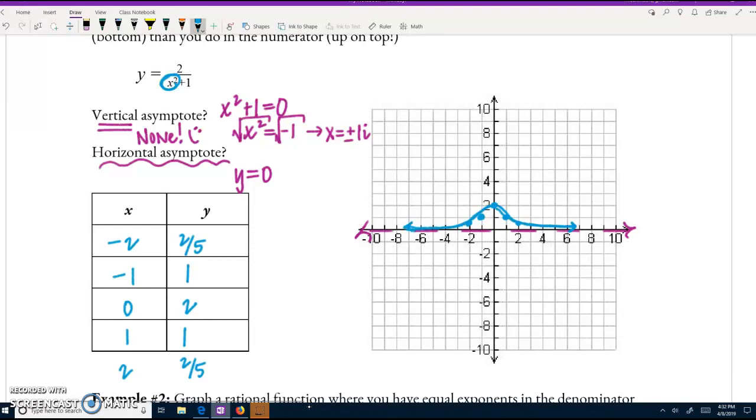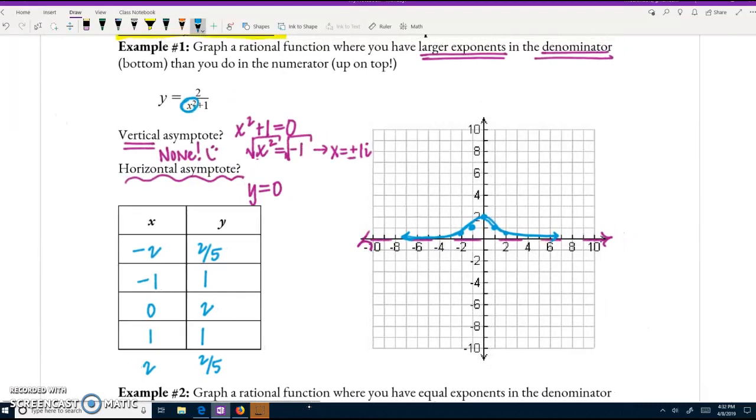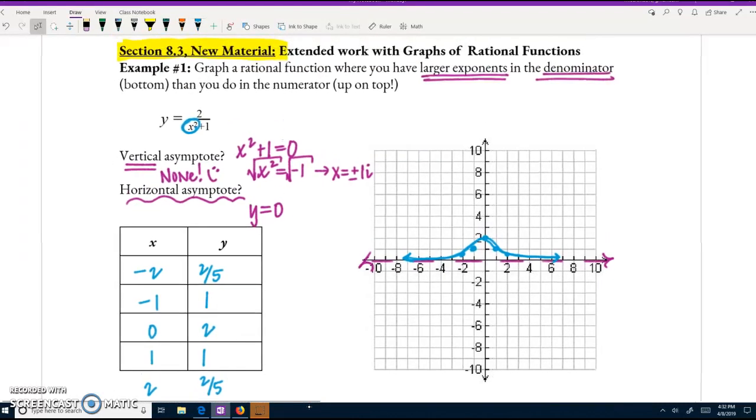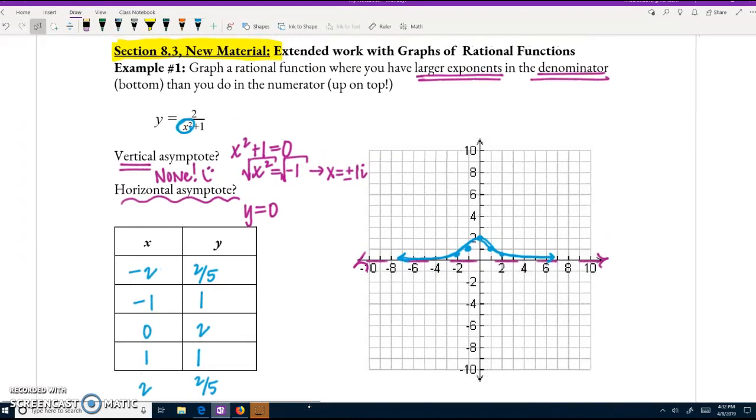And then it's going to continue on each side, just getting smaller and smaller, but never actually touching 0. So this is an example of where my exponents are larger down below in the denominator than they are up top in the numerator. So we can say exponents in the denominator are greater than the exponents in the numerator. And anytime you have that occur, you will have a horizontal asymptote at y equals 0.